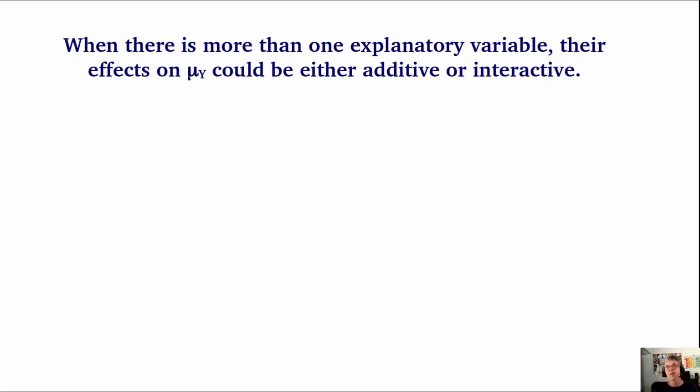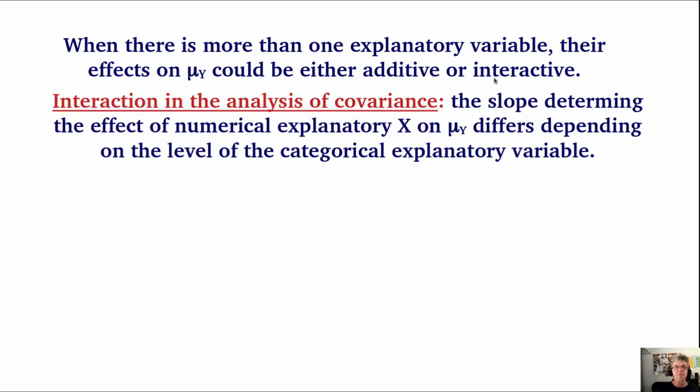Whenever there is more than one explanatory variable, as explained in the previous video about the factorial ANOVA, their effects on mu of y could be either just additive or both additive and interactive. The interaction in the analysis of covariance is reflected by the fact that the slope that determines the effect of the numerical explanatory variable x on mu of y differs depending on the level of the categorical explanatory variable.